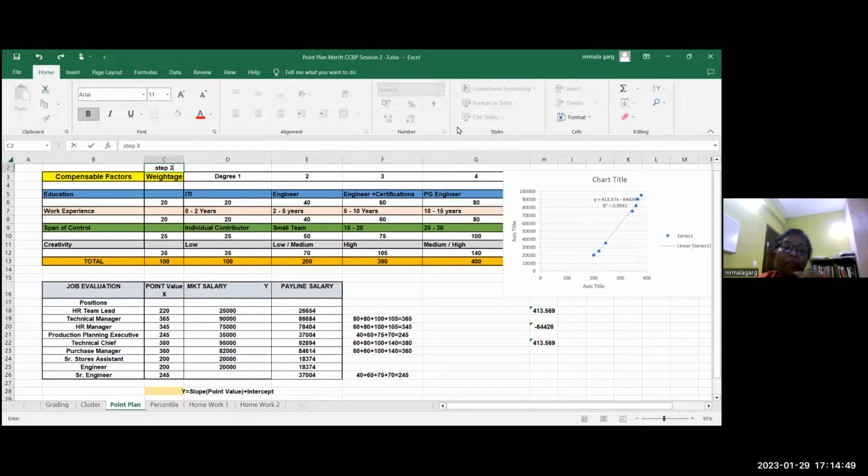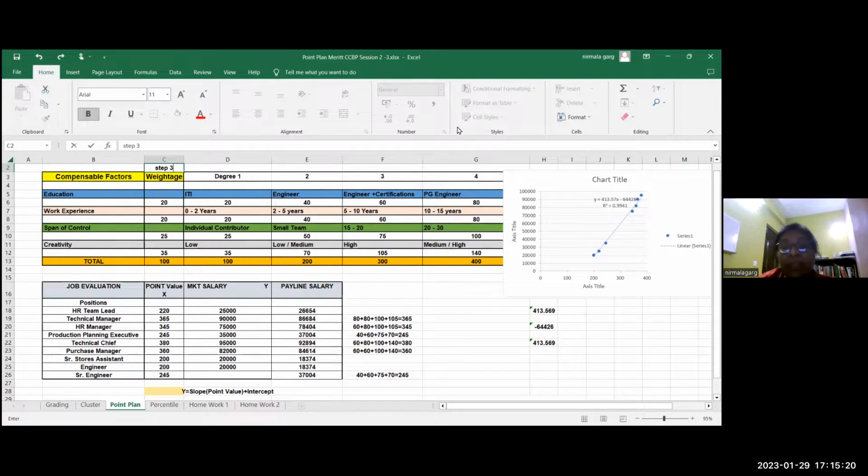Having said that, I only asked you to calculate the total point value. What you must have done is step 1, compensable factors, step 2, degrees of differentiation, step 3, weightages, then populating the plan. All this you have done. Then you took 5 positions and assigned points to which degree that job requires, maybe degree 1 for education, maybe degree 2 for work X, again maybe degree 3 for span of control.